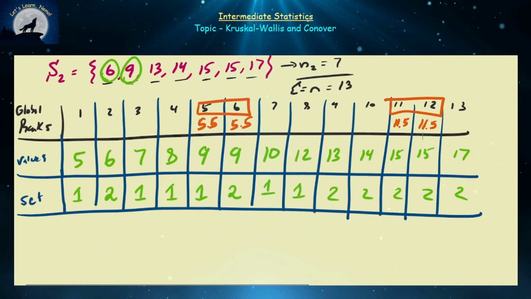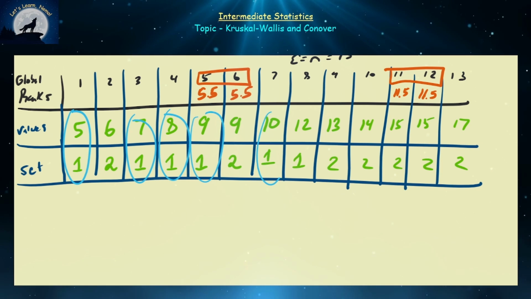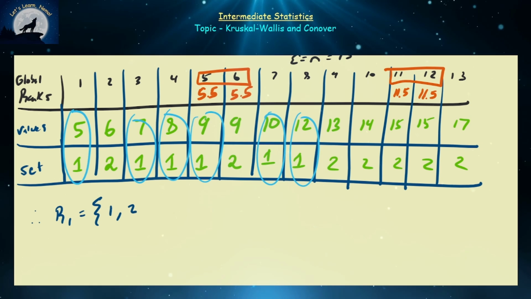So once you have this global rank table, what you need to do is place these values of set number 1, for example, into a set of their own, and then we're going to have another set for the set 2 ranks, right? So what are we going to have? The set of ranks for sample 1 are going to be rank 1, rank 3, rank 4, rank 5.5, and then rank 7, and then rank 8.